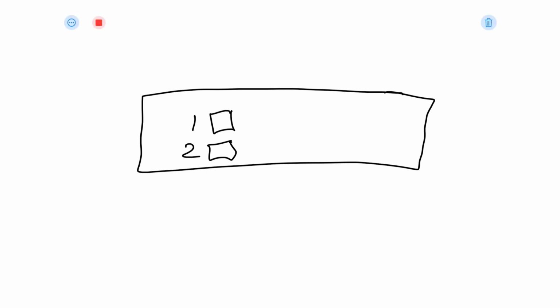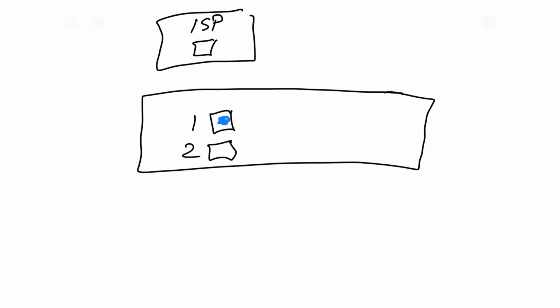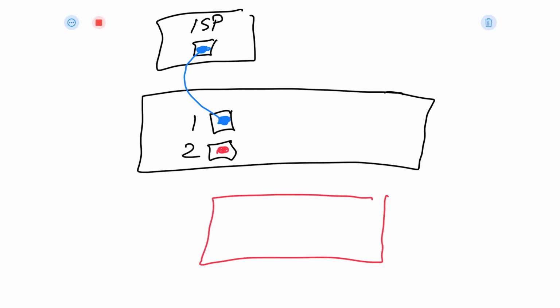But then we had our ISP device here, and we had a physical connection here that went there. And then, of course, let's say we had a connection here that went towards a downstream core router, core switch, whatever you want to call it.